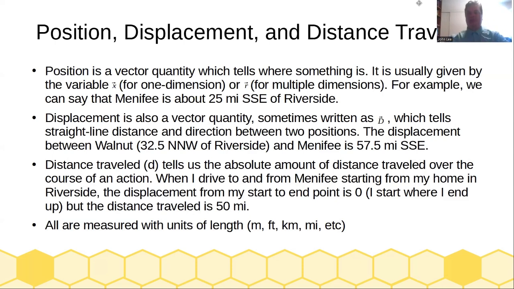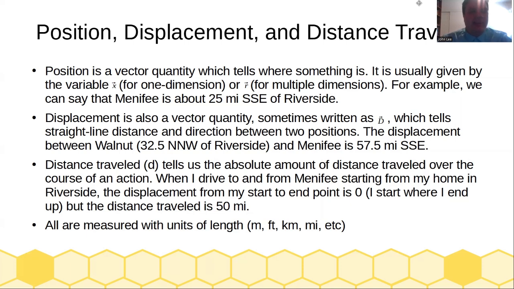So I first want to come up with a concrete example before flooring you with graphs and algebraic notation. To start with, position is a vector quantity which tells you where something is, usually given by the variable x for one dimension or r for multiple dimensions.